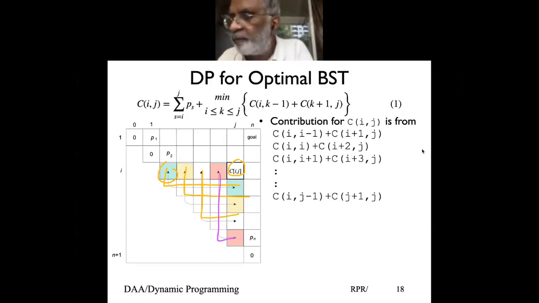So basically all the j minus i plus 1 terms, min of these, and once I can find the min, I can find Cij. And we work out with an example and show how that would work.